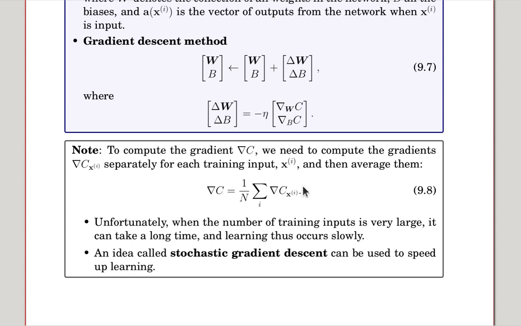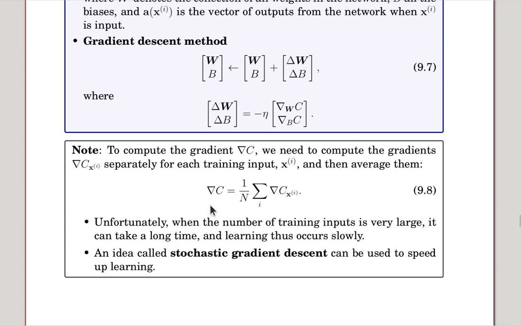Now, in order to compute the gradient of the objective function, we need to compute the gradient of each training input. So for each image, we should be able to find the gradient separately.